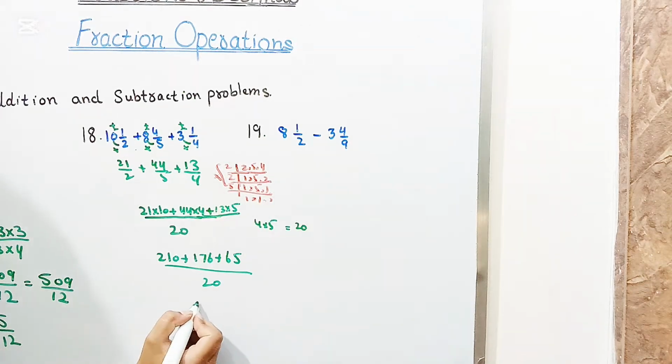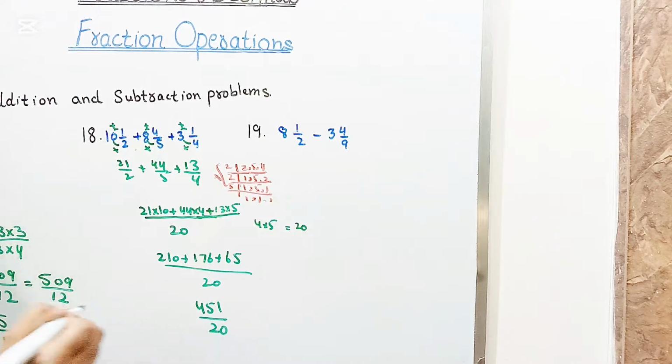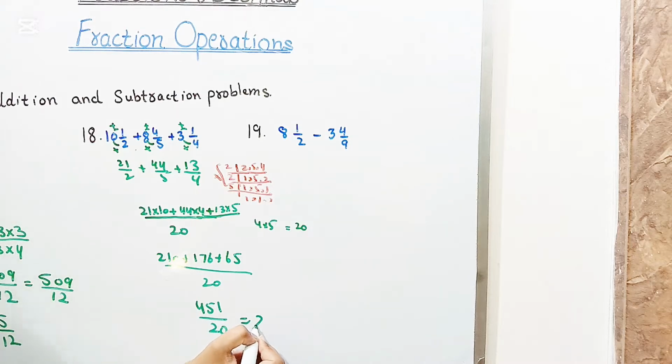When we add them, 451 divided by 20. So when we divide them, my answer is 22, remainder is 11 over 20. Denominator is same. It's my final answer.